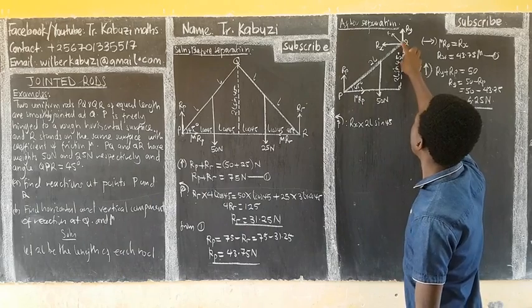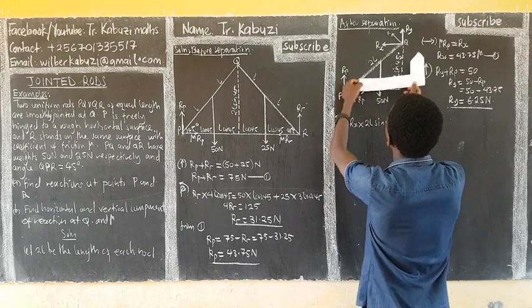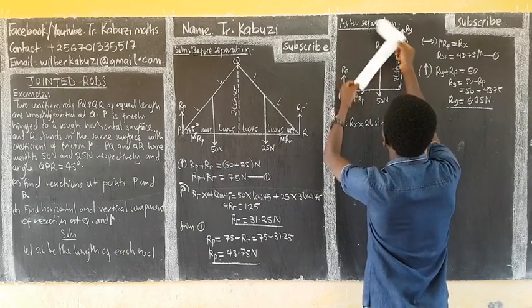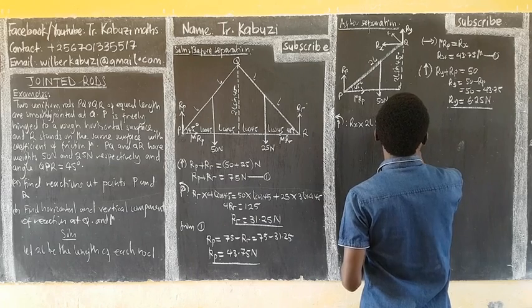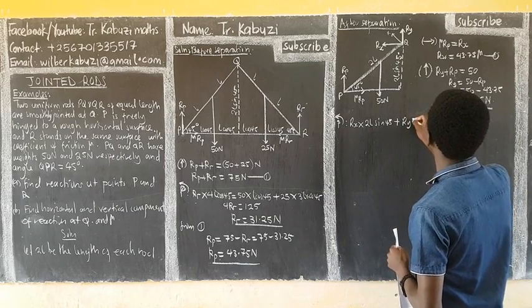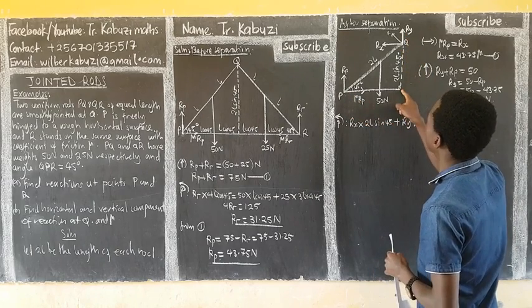Now we also have another anti-clockwise. I think we see Ry is also acting anti-clockwise. So plus Ry times the perpendicular distance. Now, the perpendicular distance for Ry is going to be from here up to here.